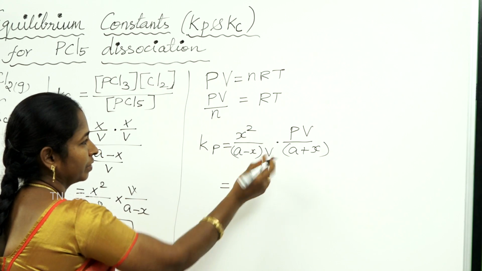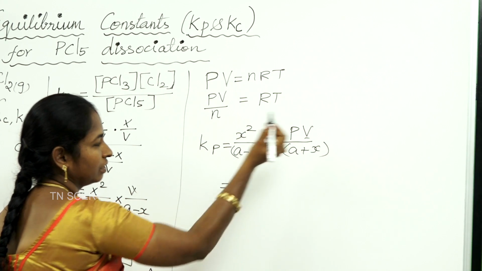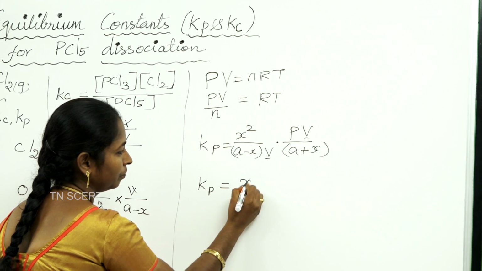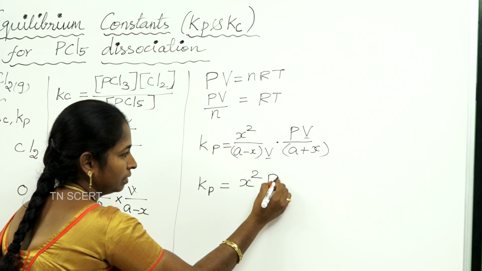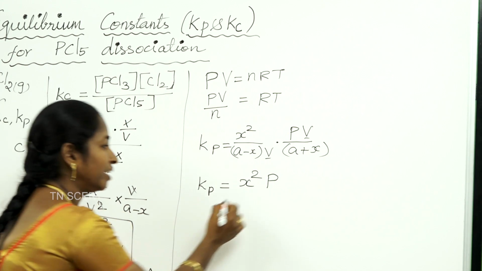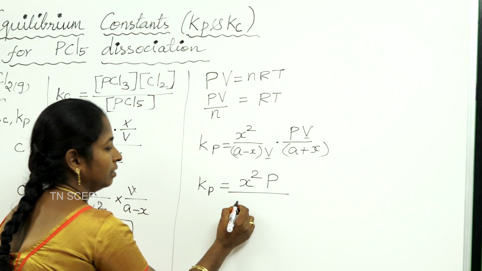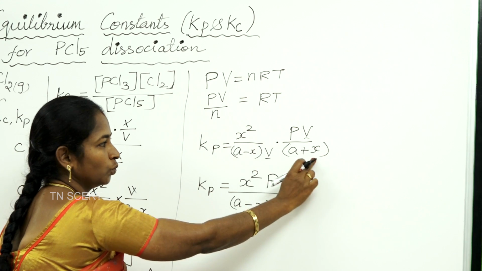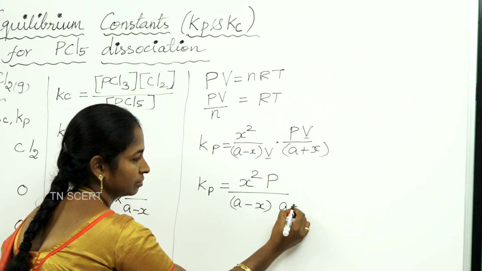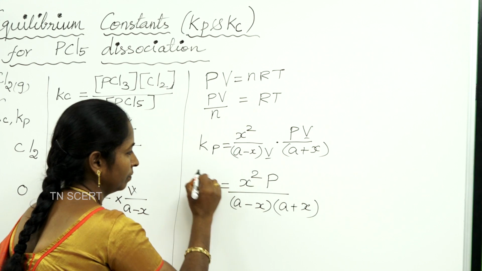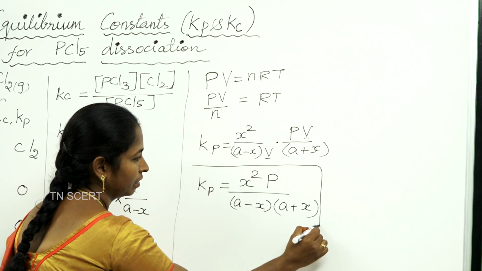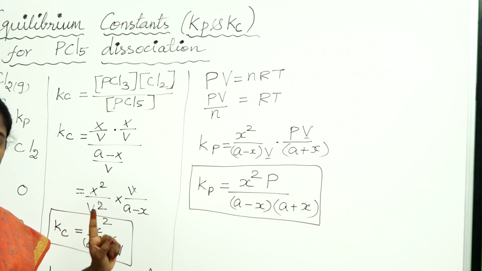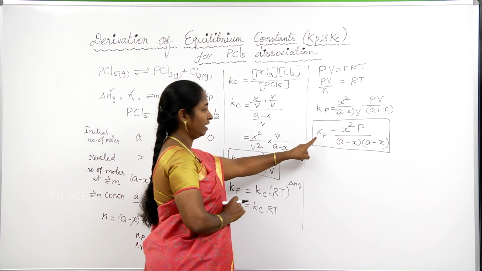So, now cancel this V and V. This equation will become Kp is equal to X square P divided by A minus X into A plus X. So, this is the value of Kp. So, now we derived the value for Kc and Kp.